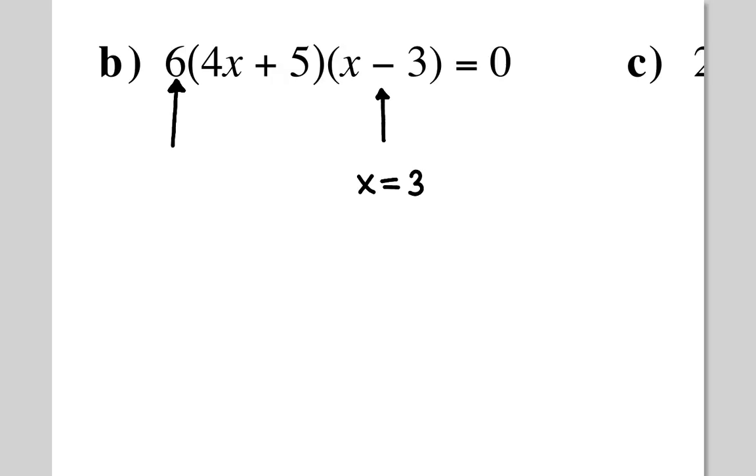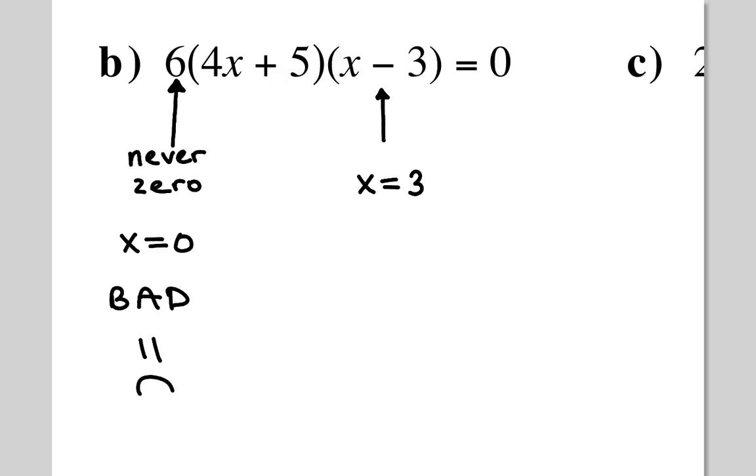Always. He's always 6. So 6 is never 0. So don't make that mistake. Don't do this. This is very bad. Bad, bad, bad.